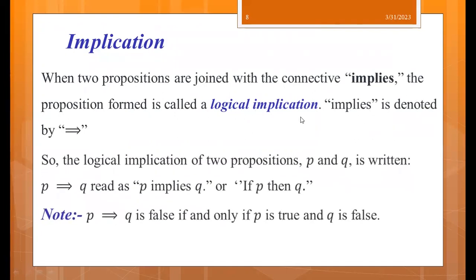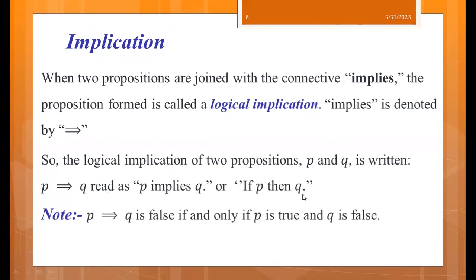So the logical implication of the propositions P and Q is written in the form P implies Q, which can be read as "P implies Q" or "if P then Q". Sometimes we can read this as "Q if P".